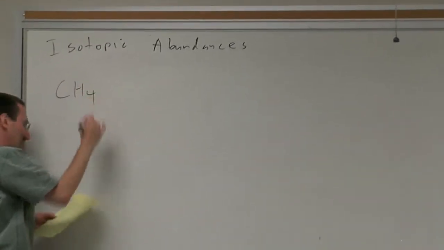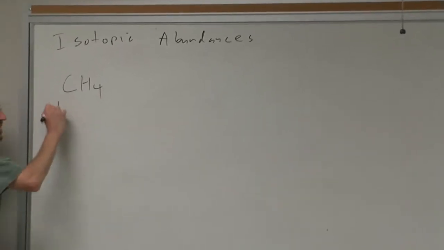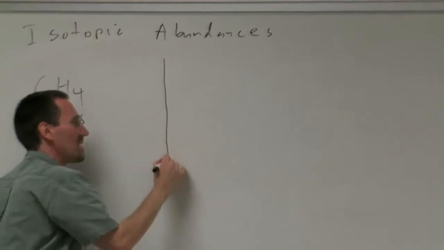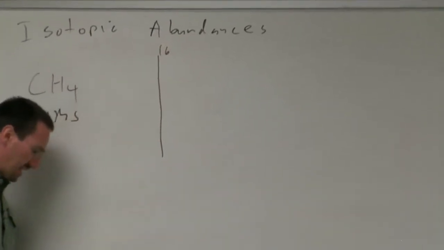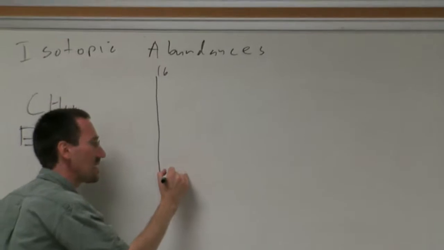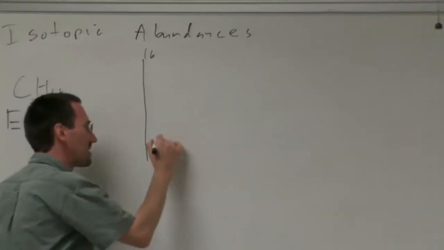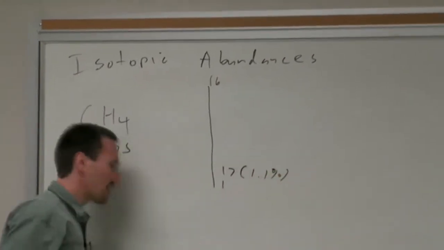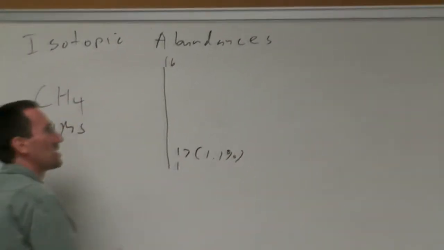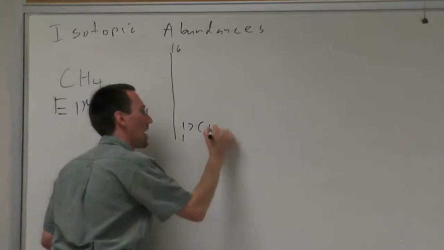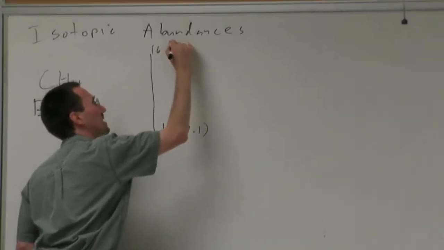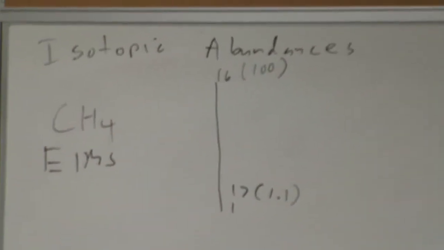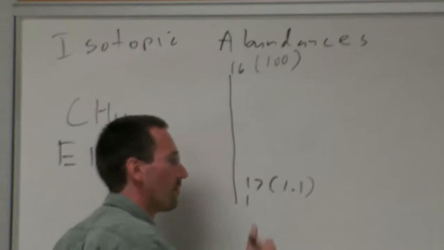If, for example, I take methane and I'm going to sketch out an EI mass spec of it, you'll see a line at 16, and then you'll see a second line at 17, and that line will be 1.1%. I'll just give the relative intensities as 100 and 1.1. So we call this peak an M+1 peak.